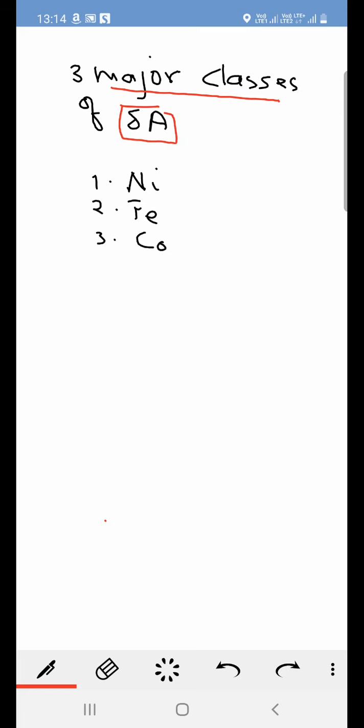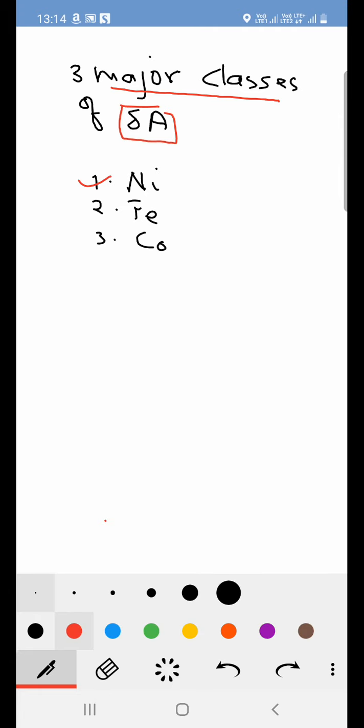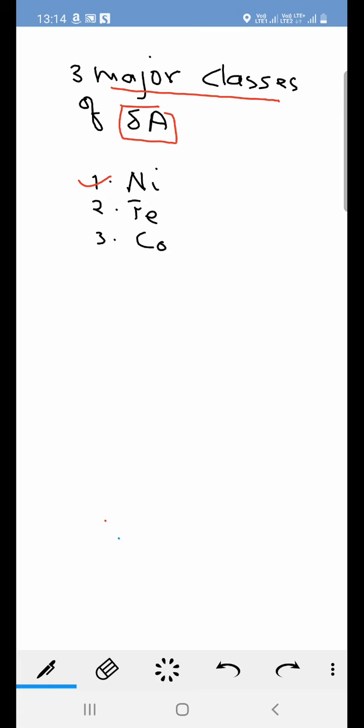And the major phases involved in the nickel-based superalloy are gamma and gamma prime, where gamma is basically a continuous matrix.